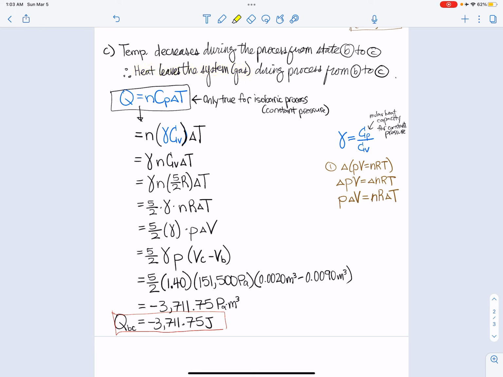So we answered it, right? Heat leaves the gas during the process from B to C, since temperature decreases, and we calculated how much heat left the gas: negative 3,711.75 joules. Awesome, so that is part C.